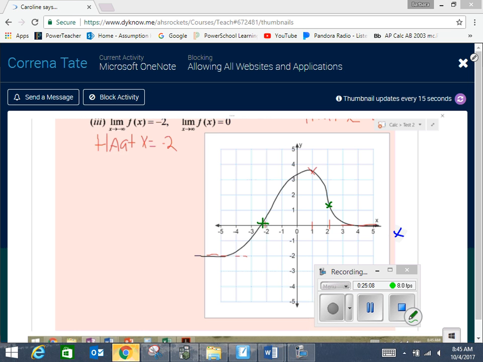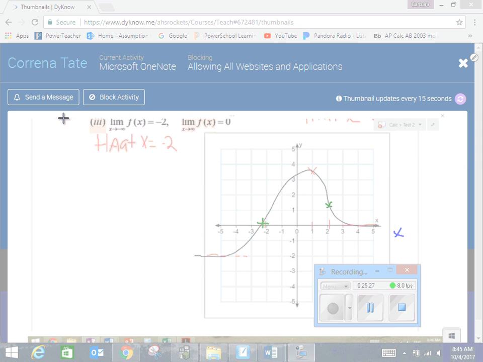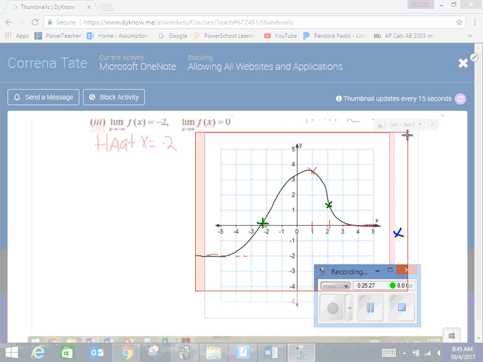The decreasing, increasing till what? 1, decreasing. Perfect. That is good. And here's a thing, and this is critical thinking in general.